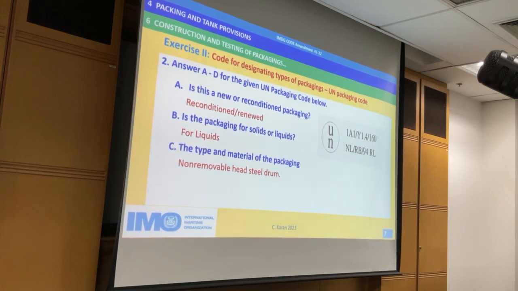It's 1A2. When the good is very dangerous, depending on the UN number, it will be either 1A1 if it's very dangerous, or if it's, for example, packing group 3, then it could be 1A2.